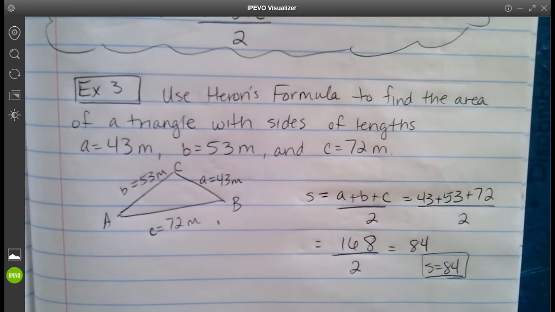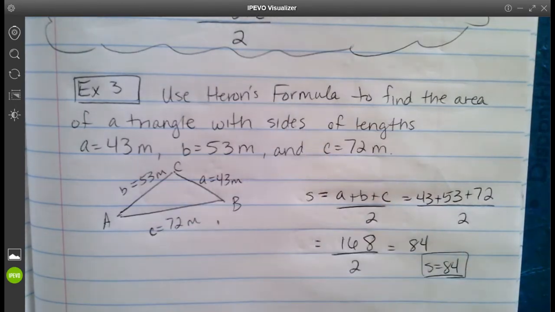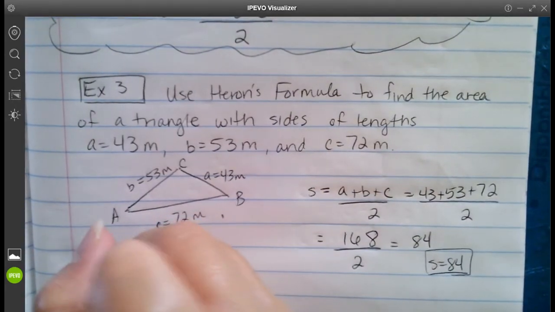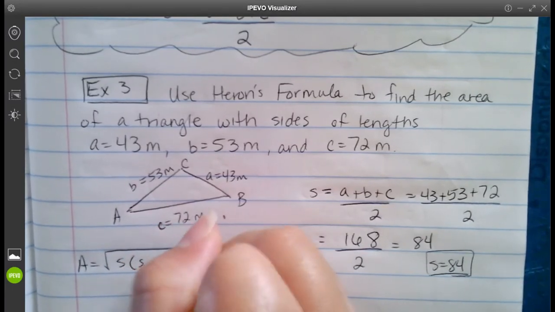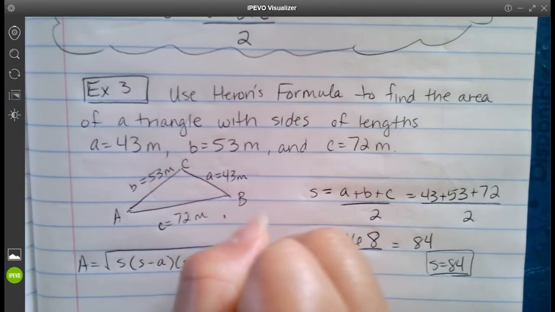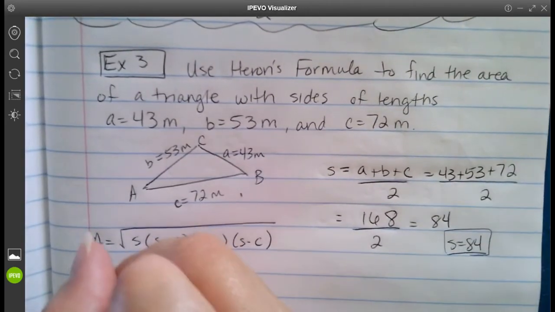All right, so what are we going to do after that? We're going to plug this and all of these guys into the formula I have up here. So A is equal to the square root. I'm going to copy it very quickly just so we have it for reference, but you don't have to. You can go right into plugging it in if you'd like. There it is. Okay.